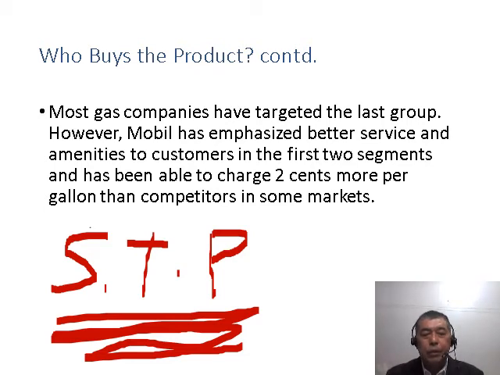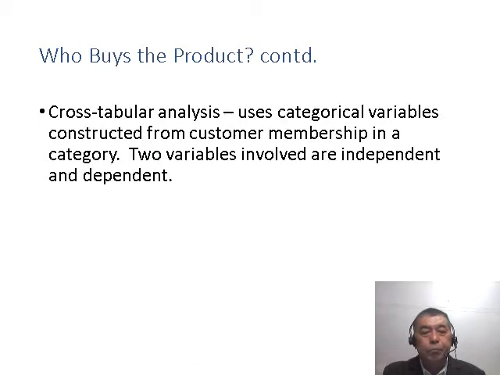This is your management tool, or marketing tool, so that you can set up a good marketing strategy after you have segmented and strategized and targeted each of the particular customer profiles. So this was the strategy done by Mobile Corporation.